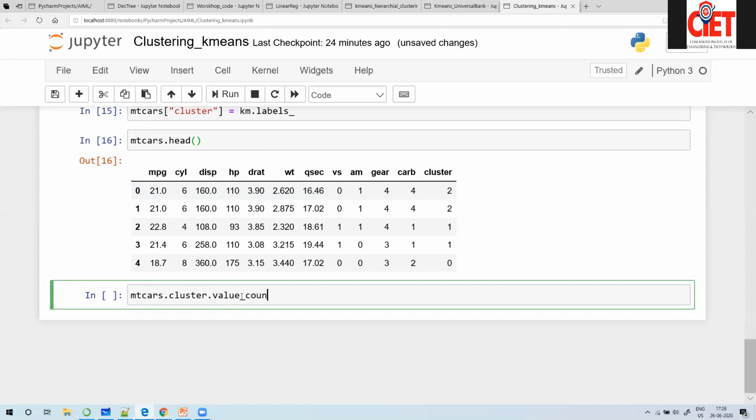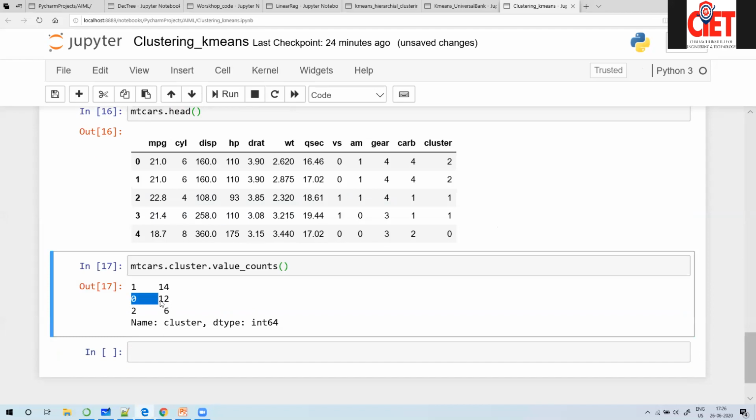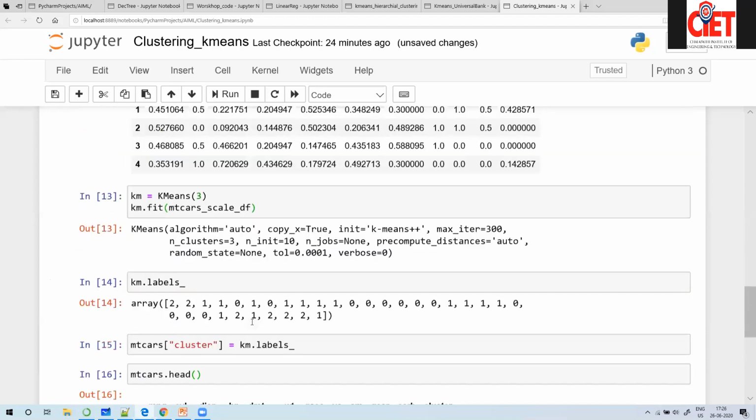would tell you we have very few observations here. Cluster number 1 has 14 observations, cluster number 0 has 12 observations, and cluster number 2 has 6 observations. Okay, so simple steps.